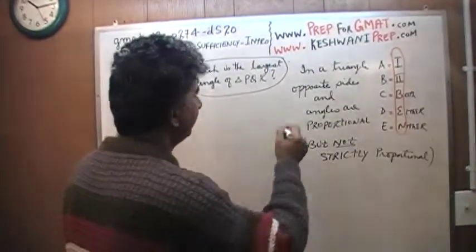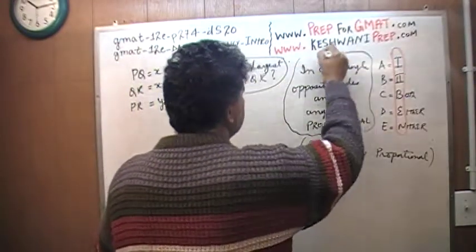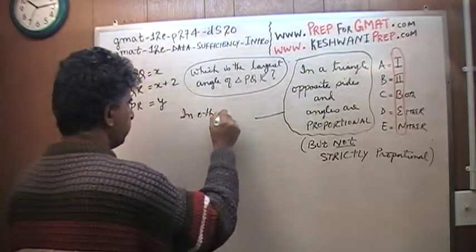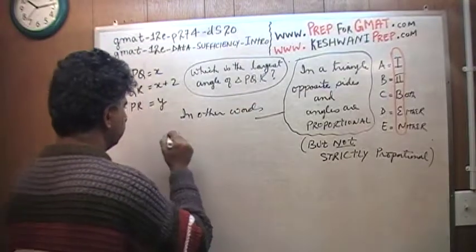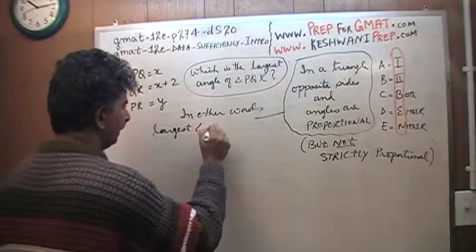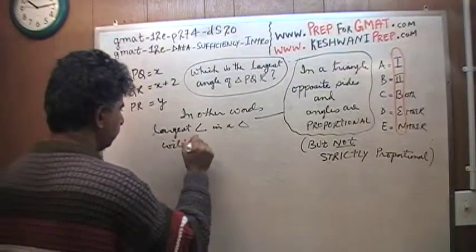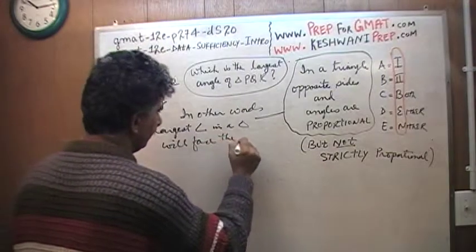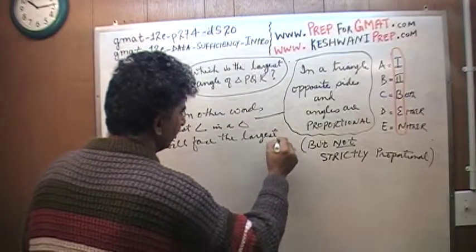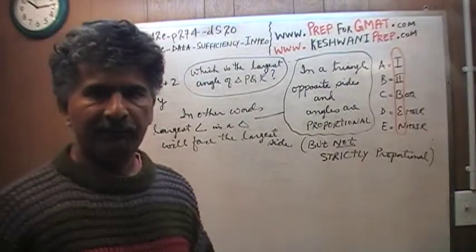So what this says is, in other words, the largest angle in a triangle will face the largest side, and similarly the smallest angle in a triangle will face the smallest side.